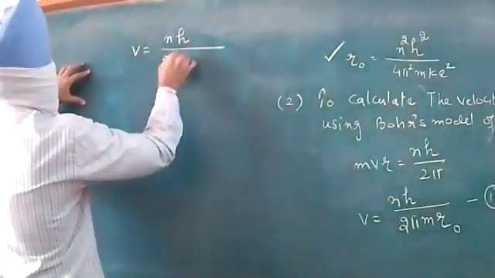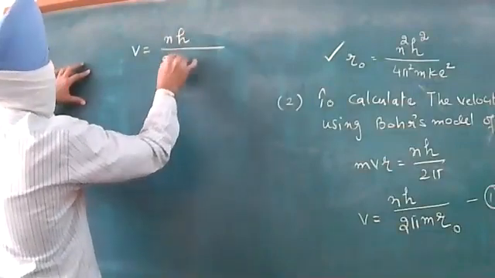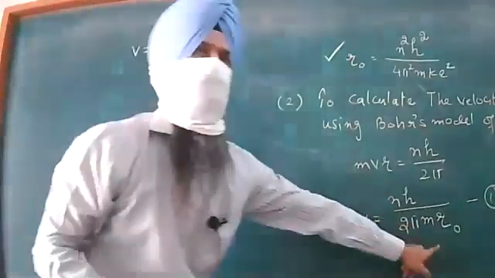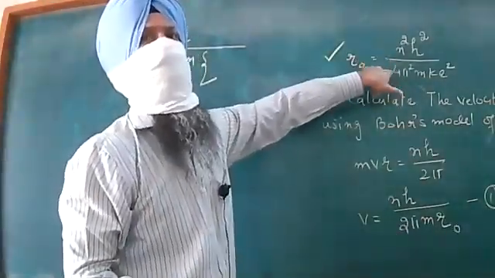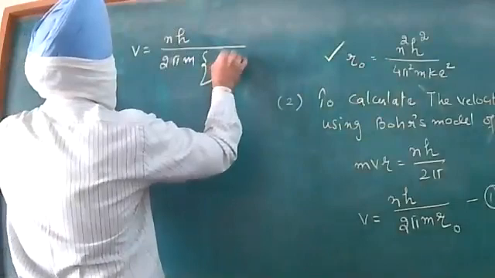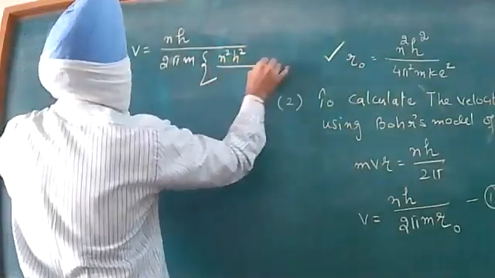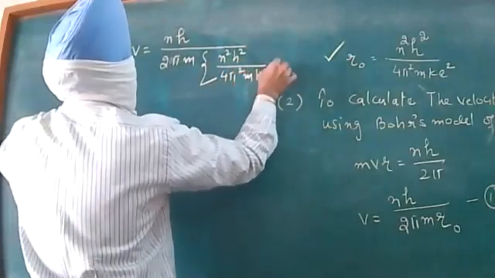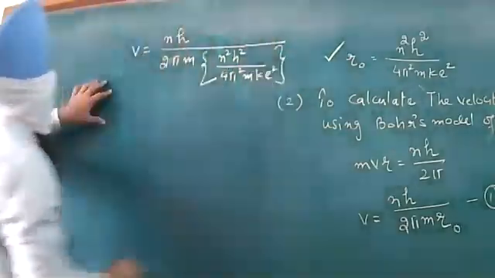We are keeping those as such, not making any change in it. In place of R naught, I will substitute this value. So we will have n square h square divided by 4 pi square m k e square.